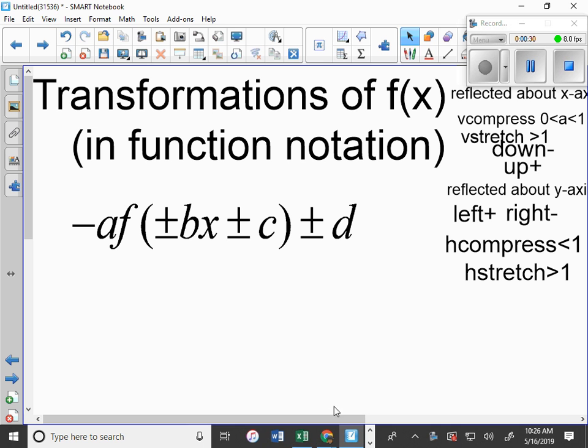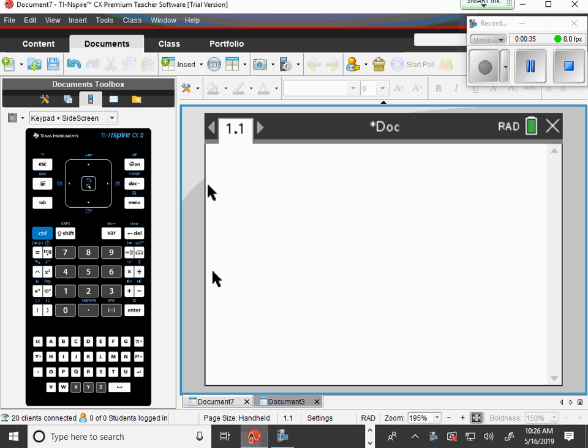So I'm going to start by going to the calculator, and I'm going to define f of x. Let's use the absolute value function.